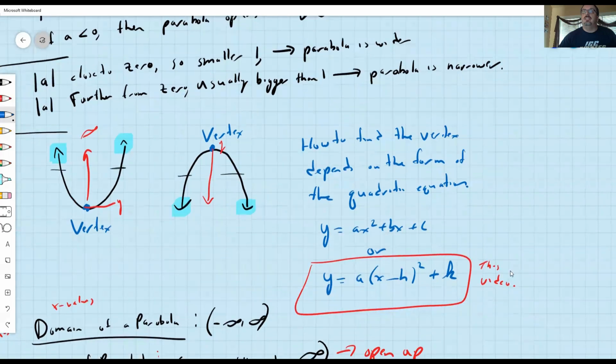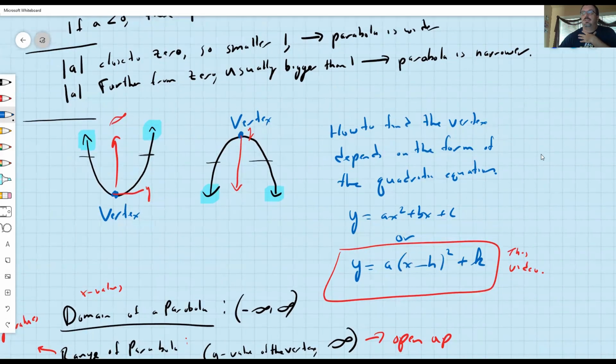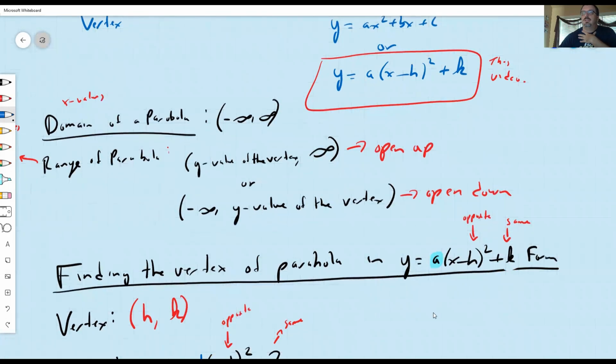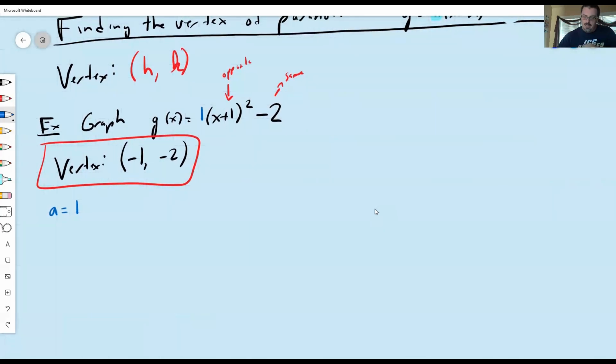We said, right, if A is greater than 0, we open up. So this mean is greater than 0. So we're going to open up. The absolute value of A equals 1.